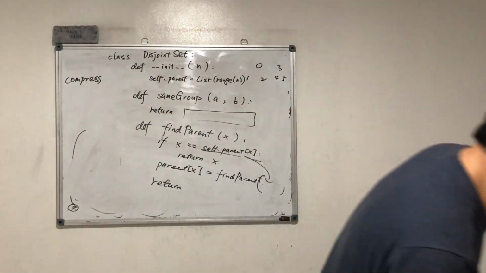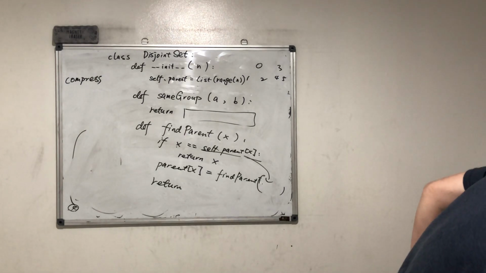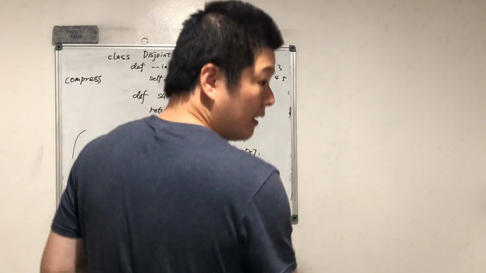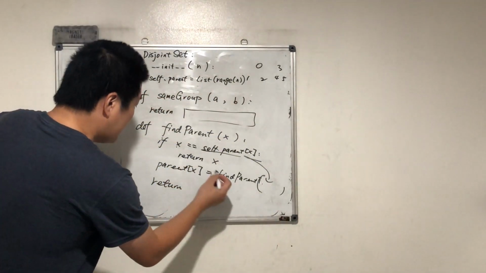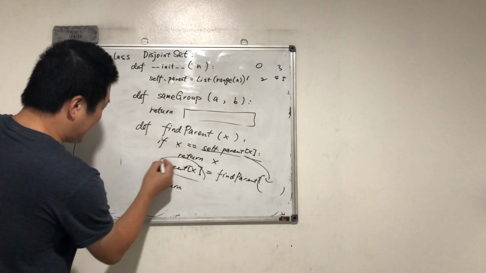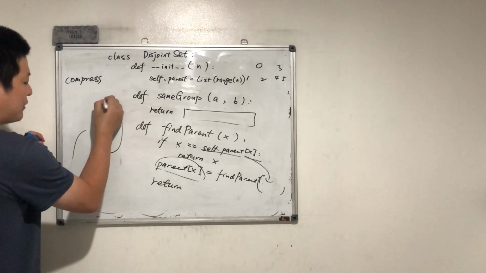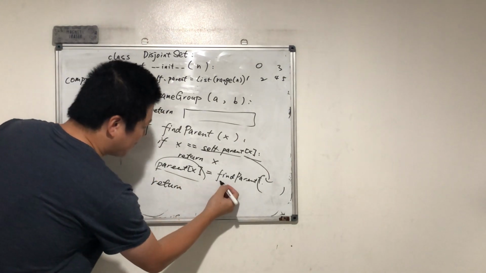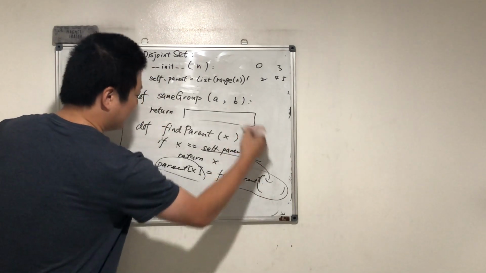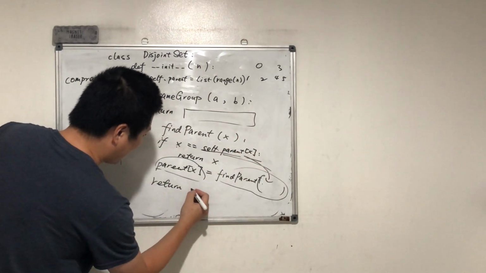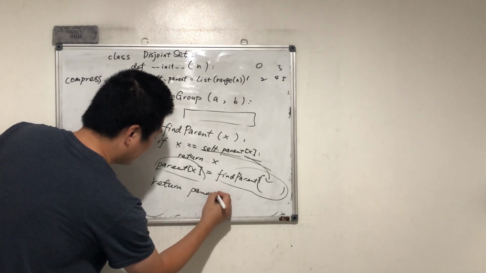Return self.parent x. Look, parent x is this current list node. I want to point to the root, and this root is recursively obtained from find parent of self.parent x, and then I finally return self.parent x.